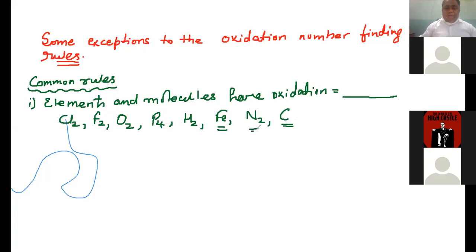Elements or molecules, they will always have an oxidation number 0. Why? Because they are neutral.